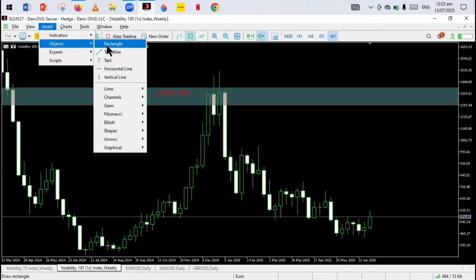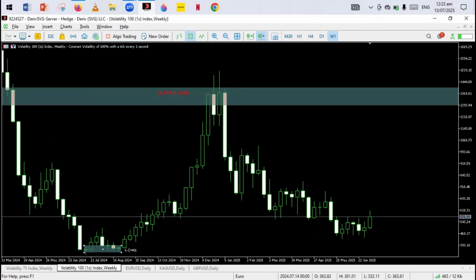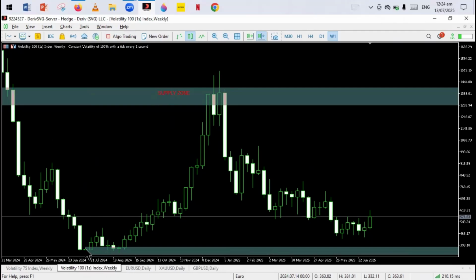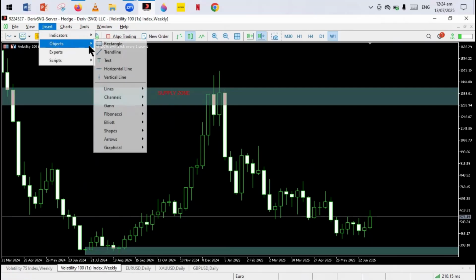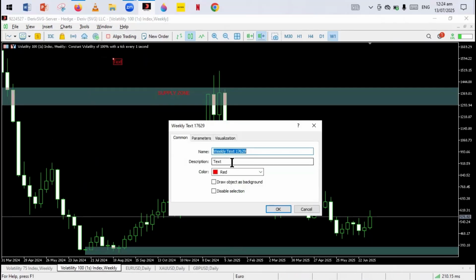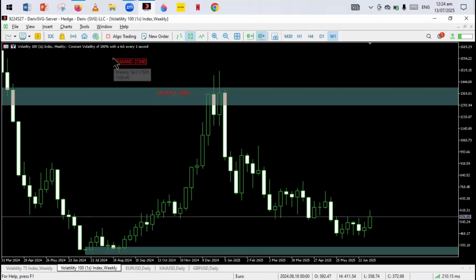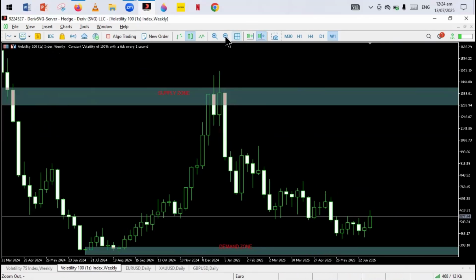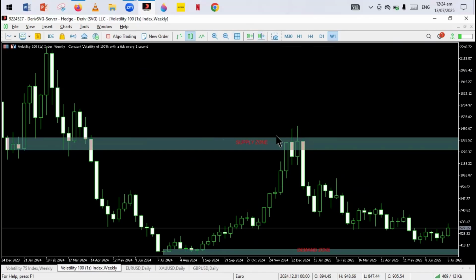And then we have our demand zone right here. Here is our demand zone. As of current, price is moving from the supply zone to the demand zone.